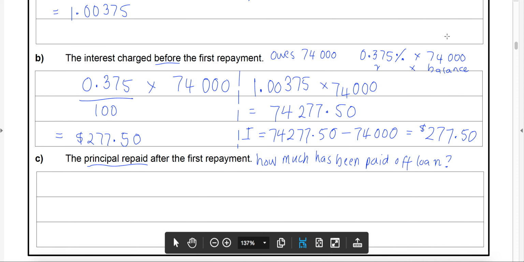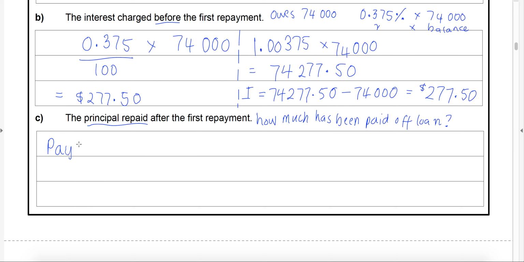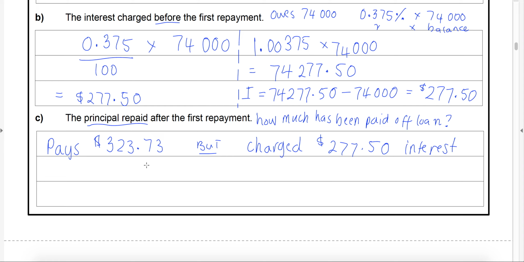I'm looking at what she's paid. She pays $323.73, but she was charged $277.50 in interest. And so in terms of what comes off the loan, she gives the bank back this amount, but they subtract this amount here in interest, that's the charge for borrowing that money.